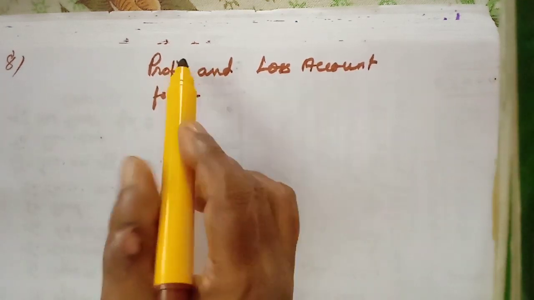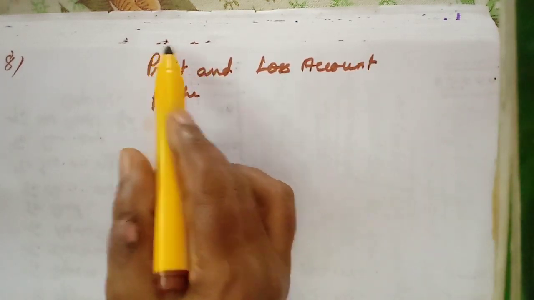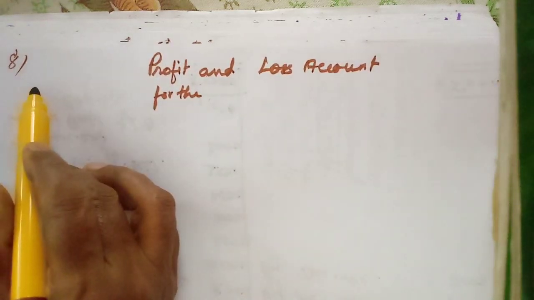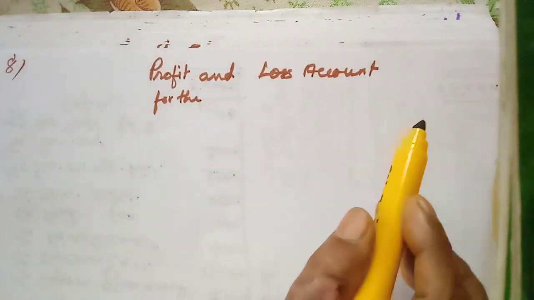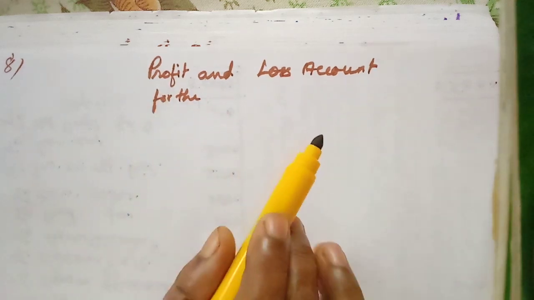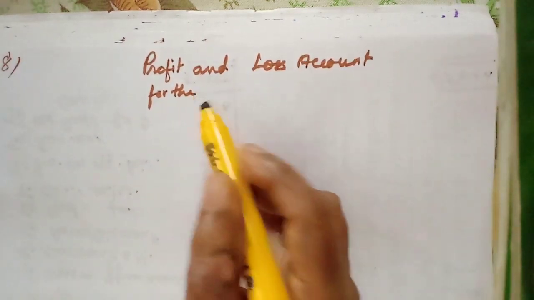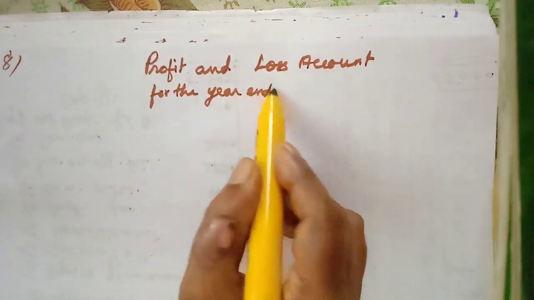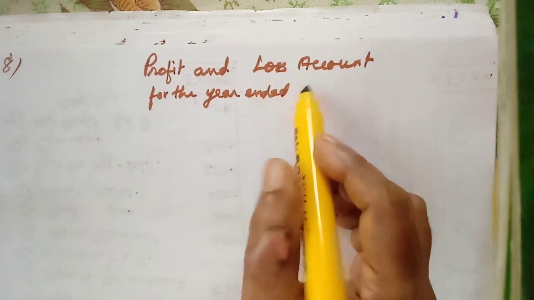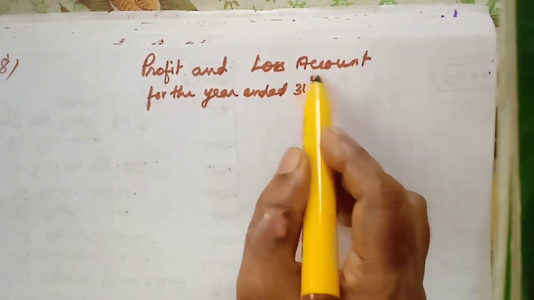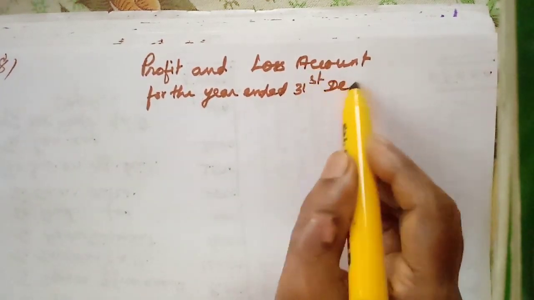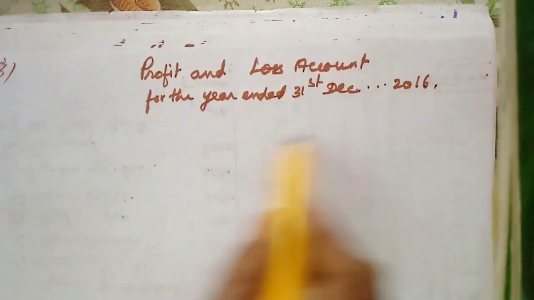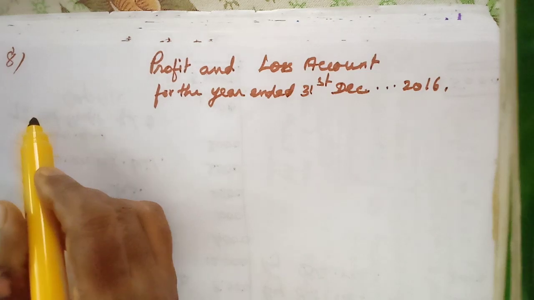Okay, for you 2 lines will be there, in the books of, first line. Then from the left side you start profit and loss account for the year ended, till the end of the next page. 2 pages you can use. So profit and loss account for the year ended, ending given. Okay, whatever is given there you write. 31st December fully you write. 2016.